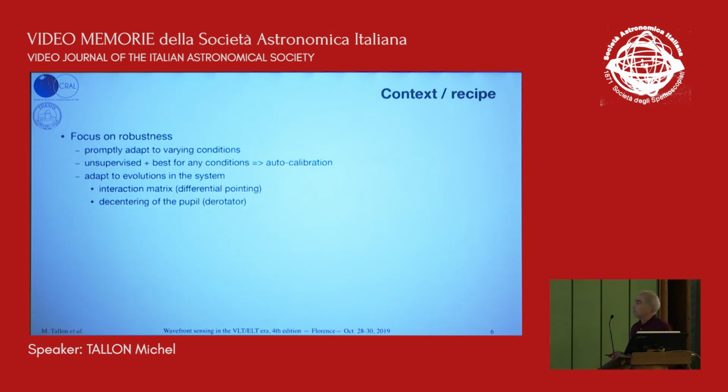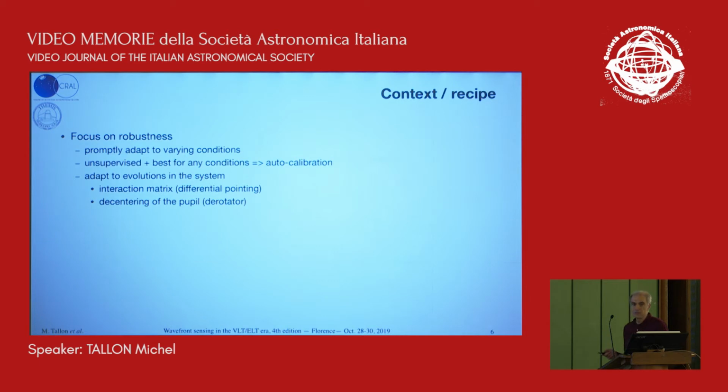So here we focus on robustness in this project. It means that we want to promptly adapt to varying conditions. Unsupervised and the best in any conditions means auto-calibration. I will not discuss this point here, but it's a main part of our work.